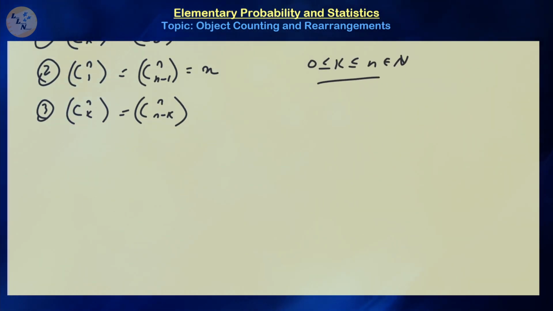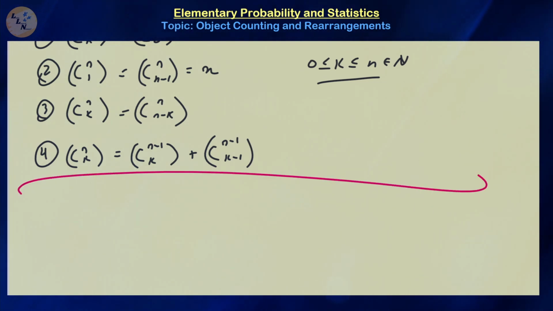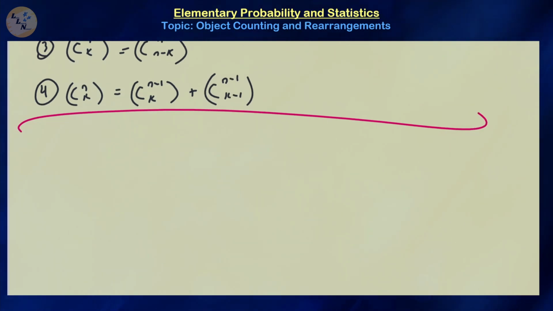And there's one very interesting property that we will take advantage of in a couple scenarios, and that's C(n,k) is going to be equal to C(n-1,k) plus C(n-1,k-1). We're not going to get into the applications of these properties, but they're going to come in handy to prove some important results later.